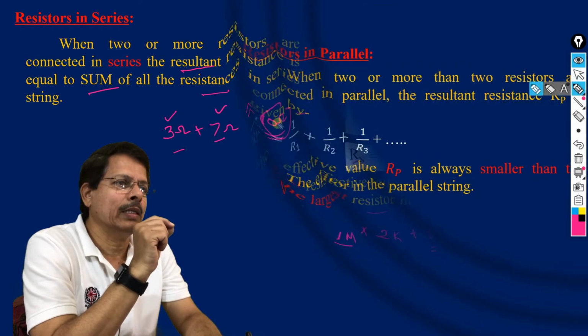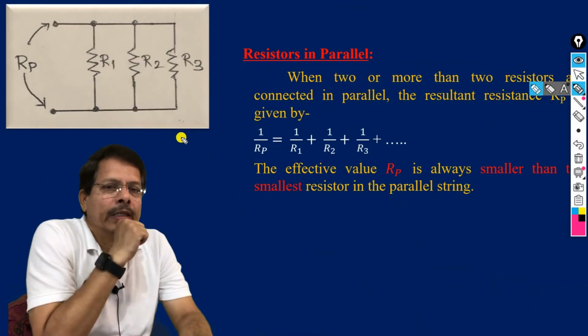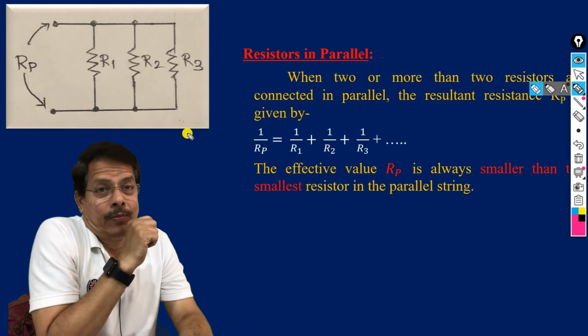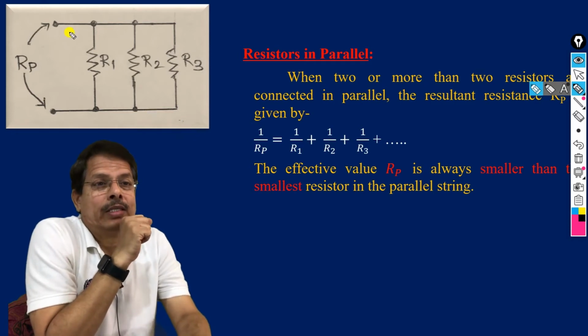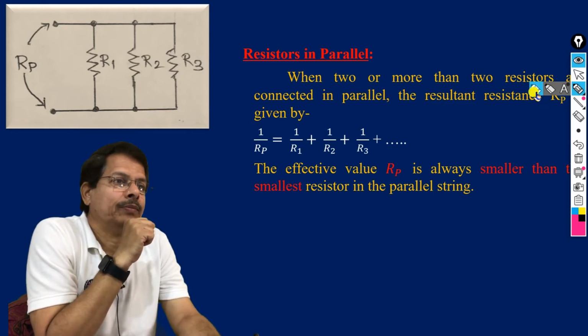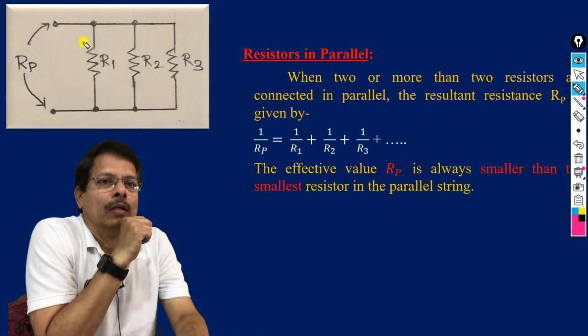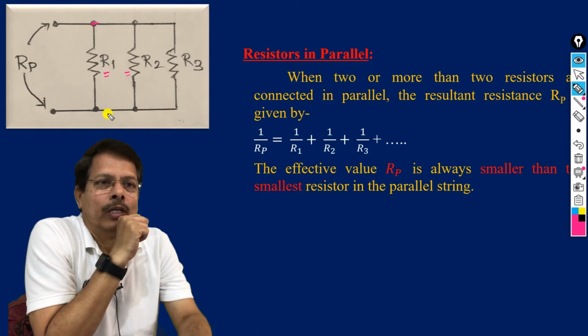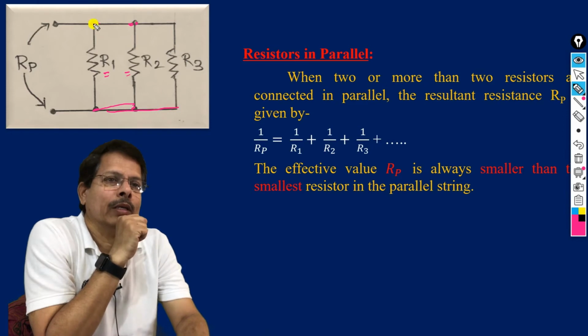series resistors, right? See these resistors in parallel. Parallel in the sense, see this diagram. This resistance R1 and say R2, the two terminals of R1 are connected to the two terminals of R2 and two terminals of R3. So they are parallel in this way, right?